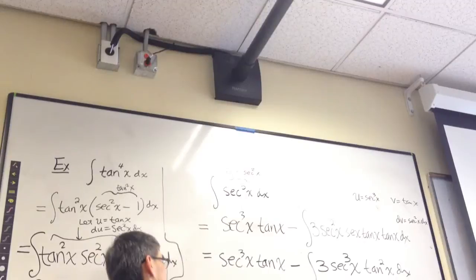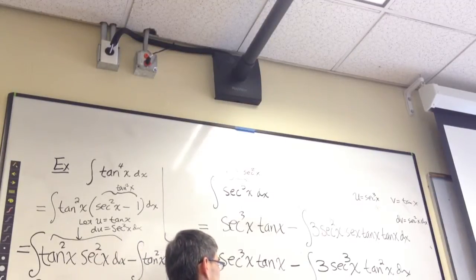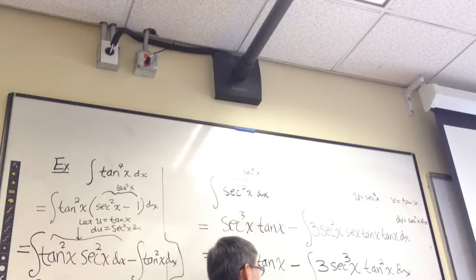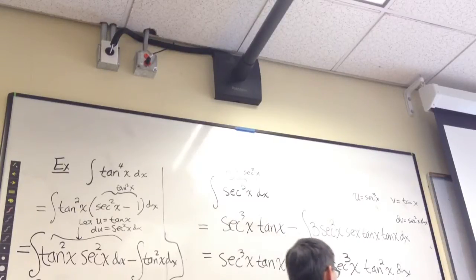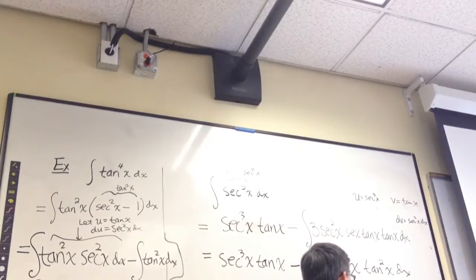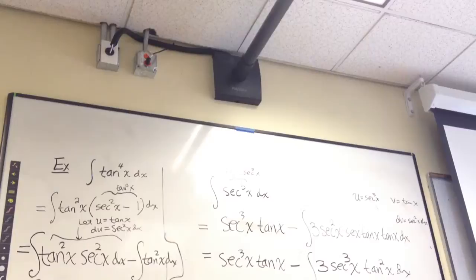Right? So, assess the situation. This is secant third power x tangent x. And then I have minus 3 times what I want to find. Remember? What power? Fifth power? Exactly what I want to find. And then plus 3 times secant lower power, power 3.